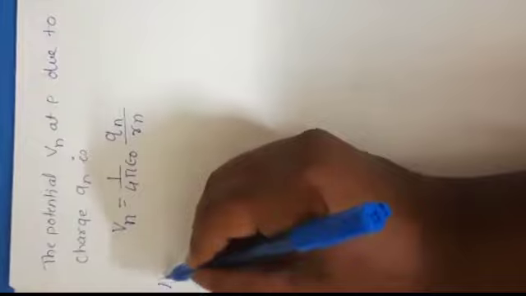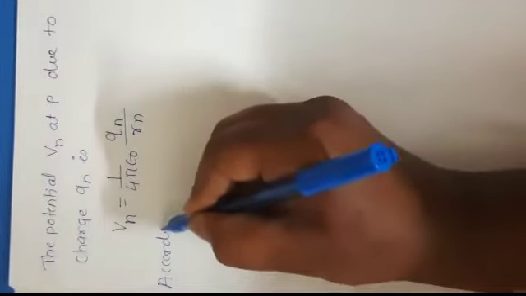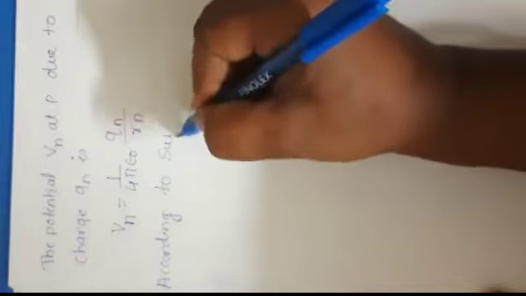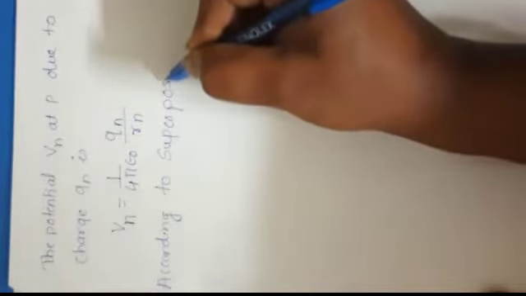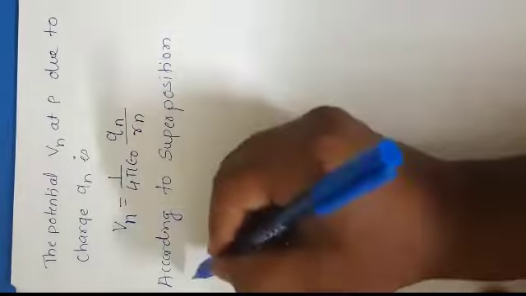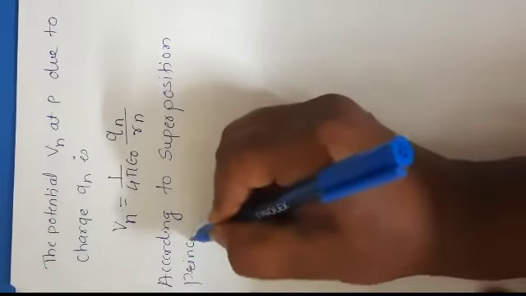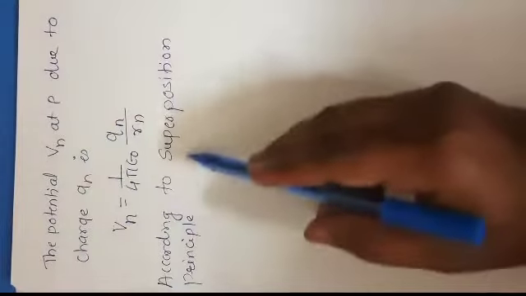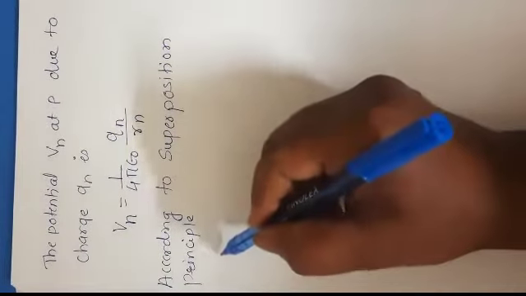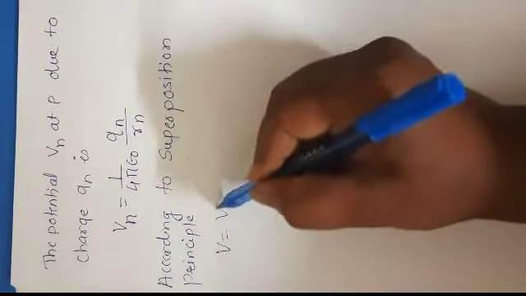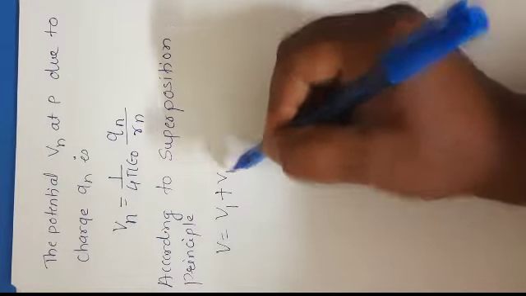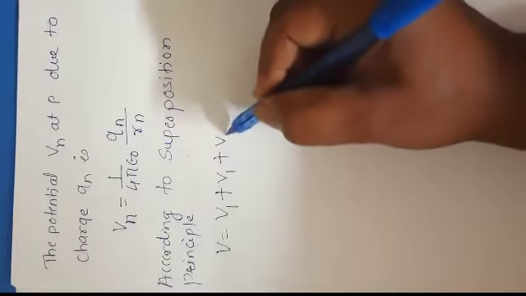Then, according to the superposition principle, the total potential is equal to the algebraic sum of all the potentials due to the charges.